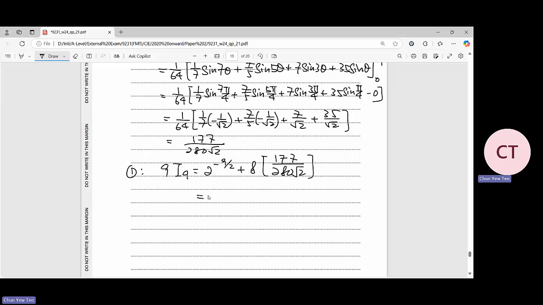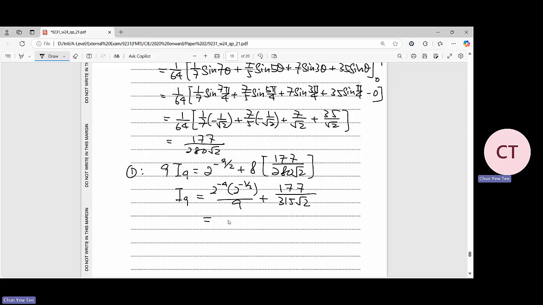So I will divide everything by 9. This one will be 2 to the power of negative 4 multiplied by √2 divided by 9, plus 177 divided by 315√2.